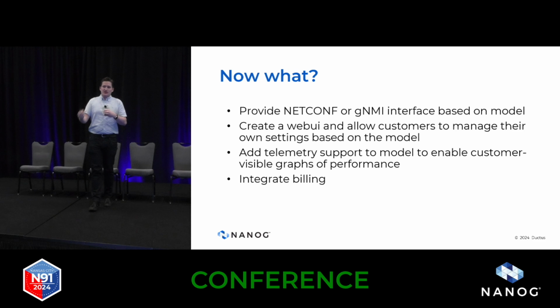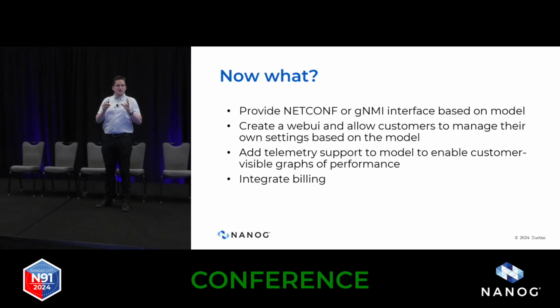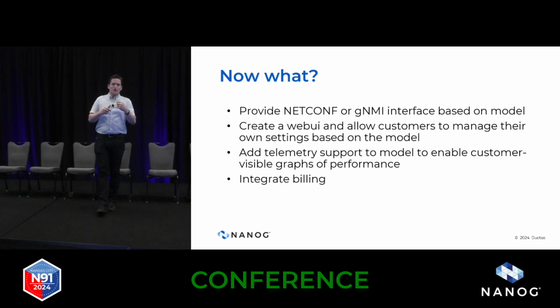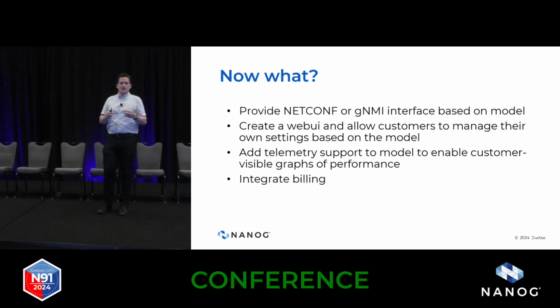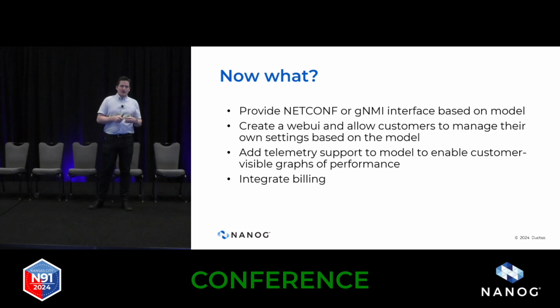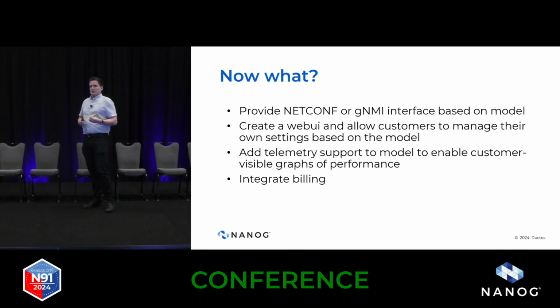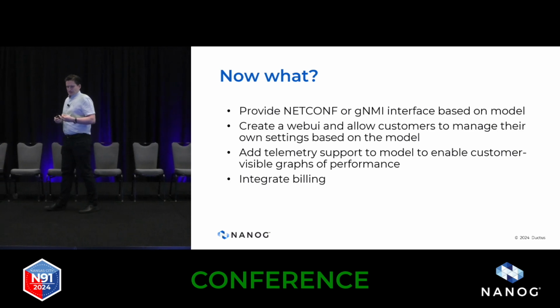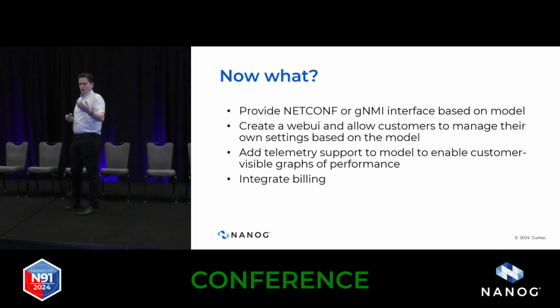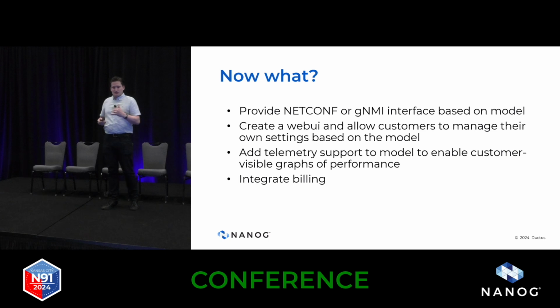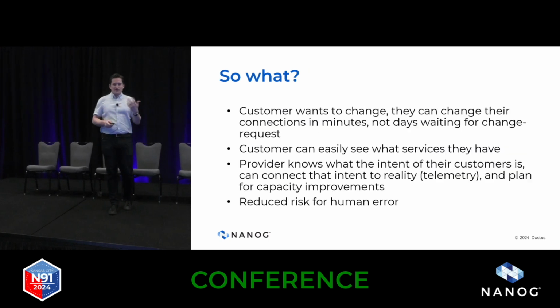We could create standardized graphs. We could have telemetry support and have a Grafana instance for that customer that they can view on their portal and view all their statistics just for them, without having to rely or worry about any specific provider information. And then, of course, you have your ability to have the web UI, add the customers, and then you can integrate billing.